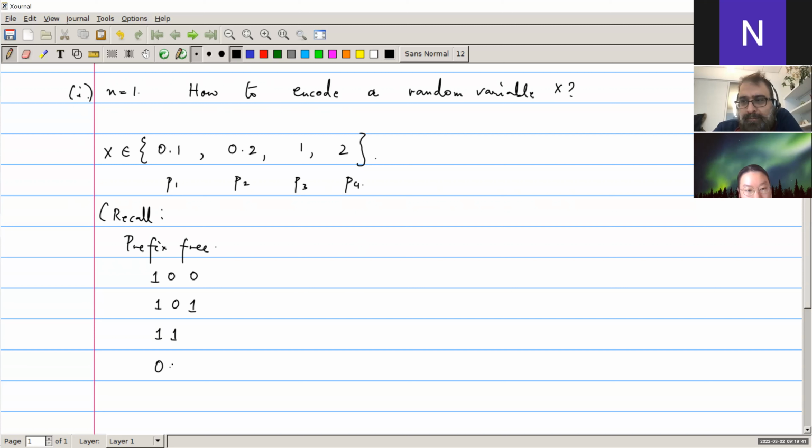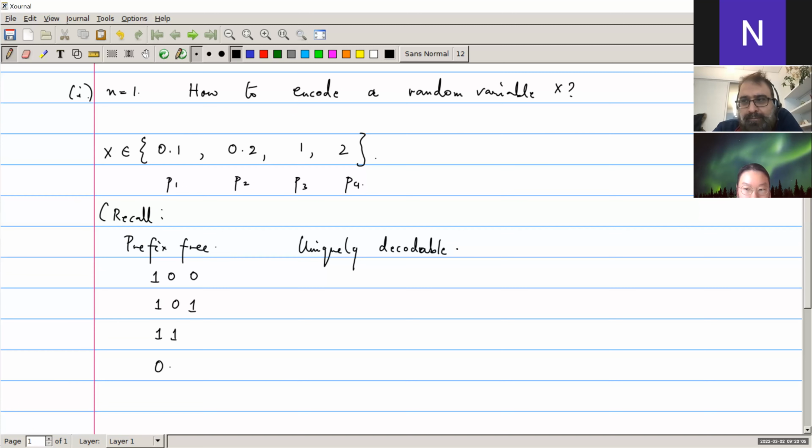A uniquely decodable code: prefix free codes are automatically uniquely decodable. So if you write two or multiple code words one after another, there is only one way to interpret this sequence. You don't need the commas.